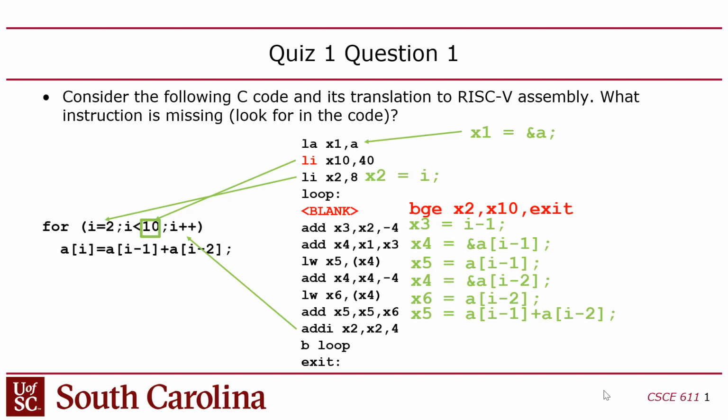We could have probably just used -4 as the offset here. That would have worked too, and would have been a little better, since it would have eliminated one of those instructions. Any questions about that? Hopefully you're pretty comfortable with that, because you should have covered something similar in 212.